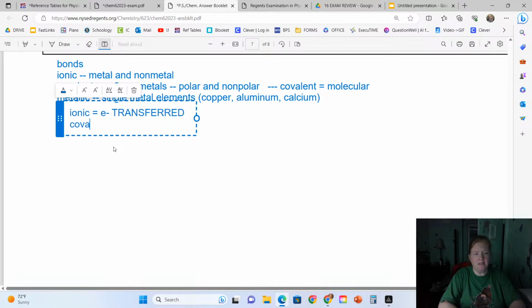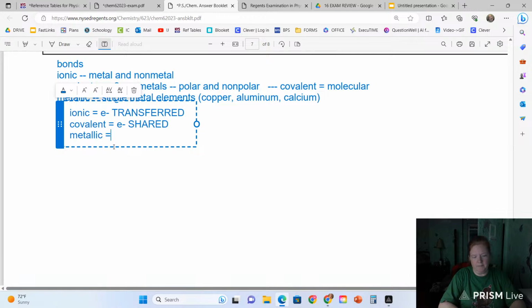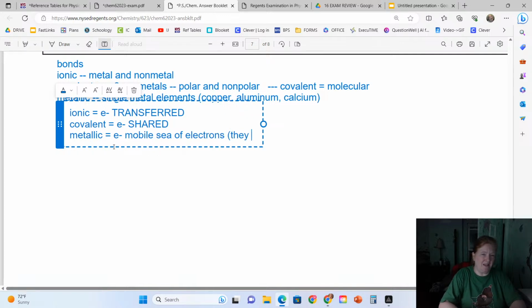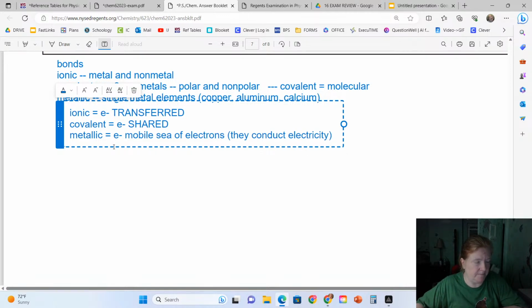In covalent, all right, electrons are shared. Okay, and in metallic, electrons are in a mobile sea of electrons. And that's why they conduct electricity, because electrons are willy-nilly, loosey-goosey floating around. So that's for bonds.